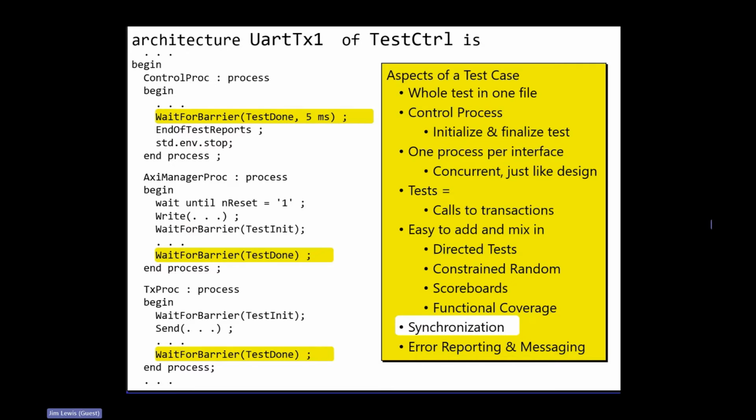That gives us a lot of flexibility. The control process doesn't need to know when the other processes finish. They just finish, they signal test done, and then the control process will finalize the test. One of the steps in finalization is error reporting, which we accomplish with this end of test reports. Okay, so it's assuming that you've been doing checking along the way.